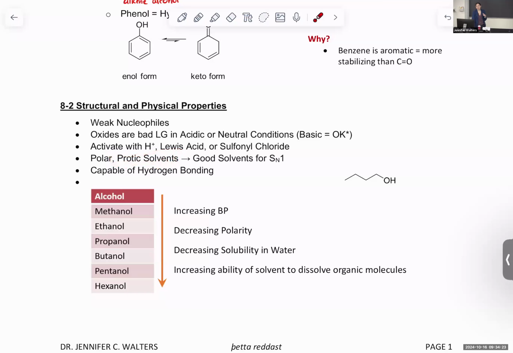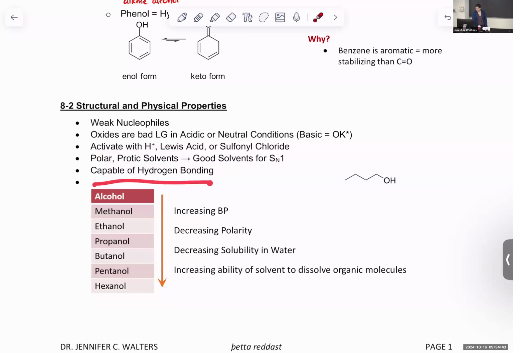We need to pay attention to that because that's going to be solvolysis, where our solvent reacts. But because they're weak in general, they can be used as protic solvents. That means they're good solvents for SN1, and because we said protic solvents were really good at SN1 or at E1.